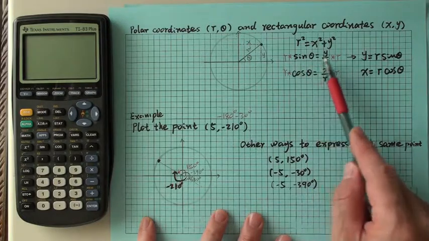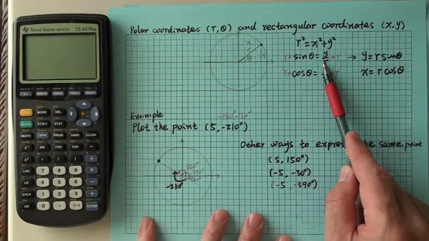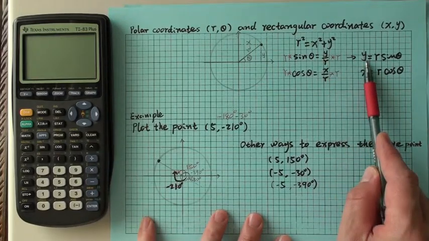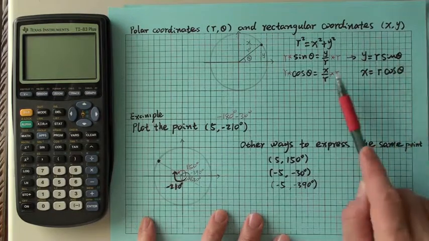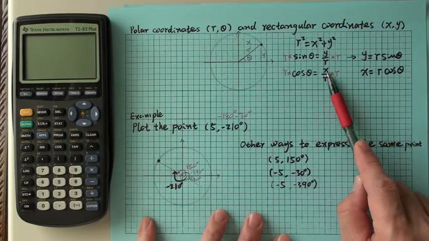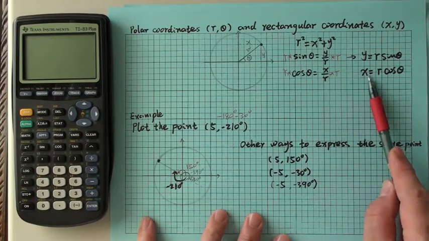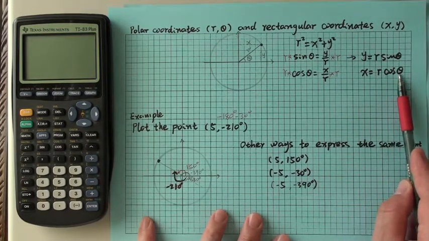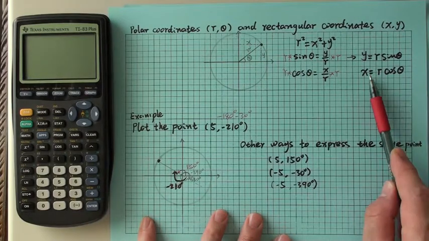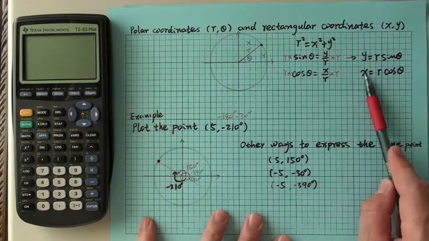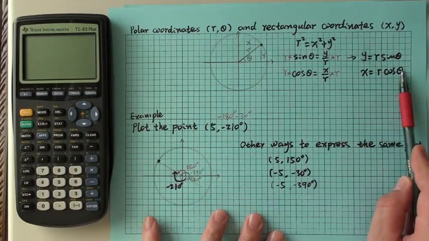And then if both sides here are multiplied by r, this r will be cancelled. So y equals r times sine theta. Here, and for x do the same thing for the second equation. Then x is r times cosine theta. So basically xy can be determined by r and theta.